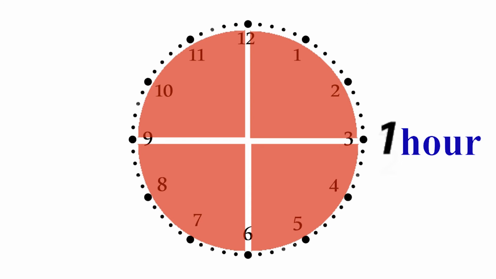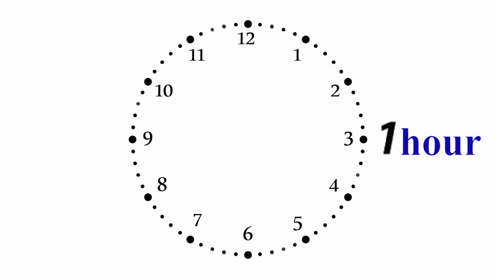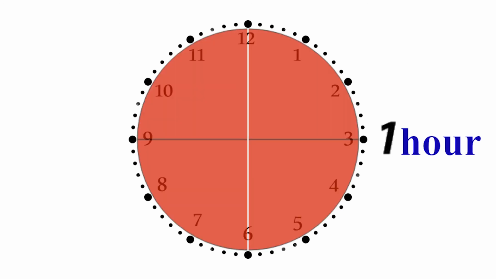Well, when the numerator is the same as the denominator, that means 1. 4/4 actually equals 1. As you can see, 4 times quarter of an hour is 60 minutes, and that makes 1 hour. 2 halves, which is 2/2, that makes 1 as well. So this is an important fact to note, that when the numerator and the denominator are the same, it means the value you have is 1.